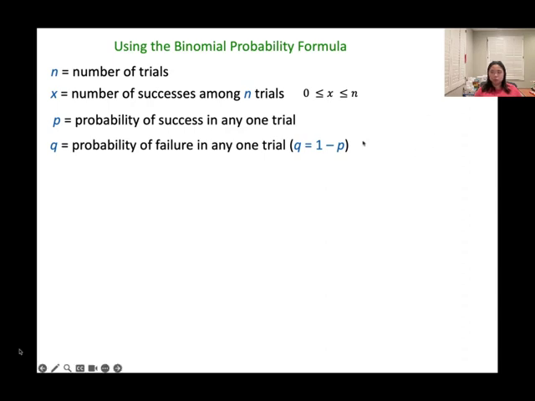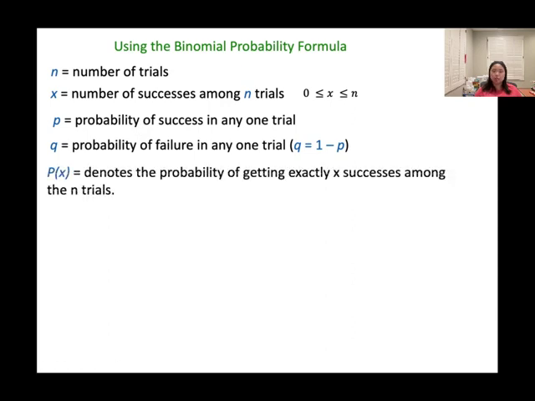Since we have 20% to get the free burger, that means we do have 80% to get better next time. So you could find the Q if you know the probability of success. 1 minus 0.2, which is going to be 0.8. And also, you could think about P and Q as just like the complement, okay? Because you only have two outcomes, so you could consider the complement formula.